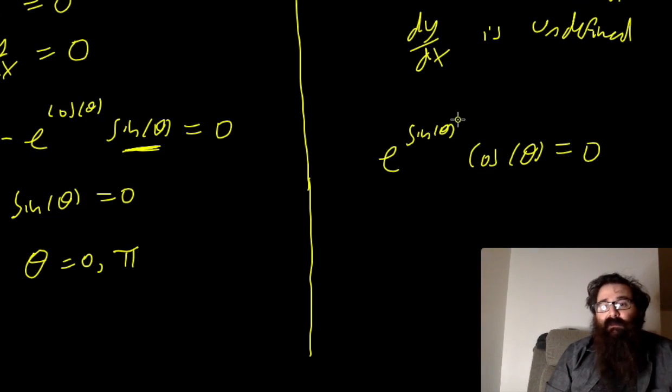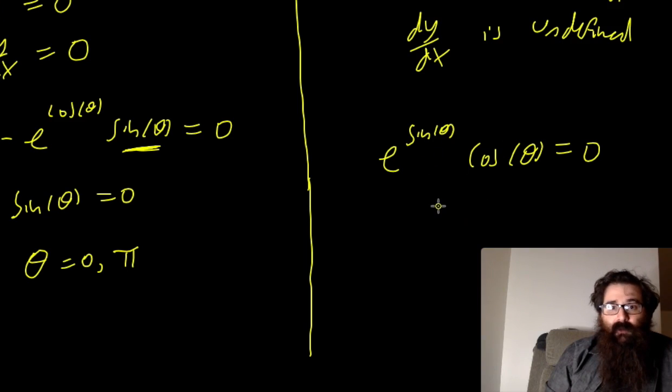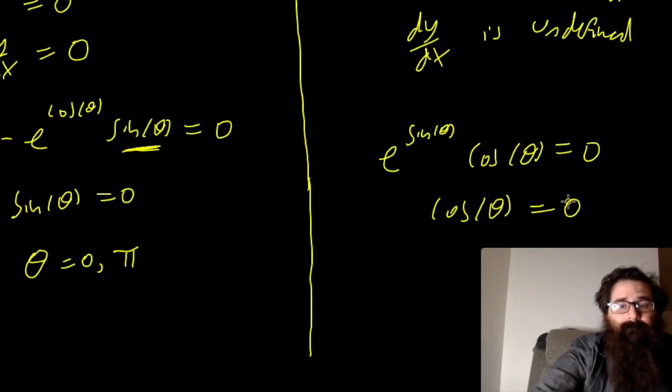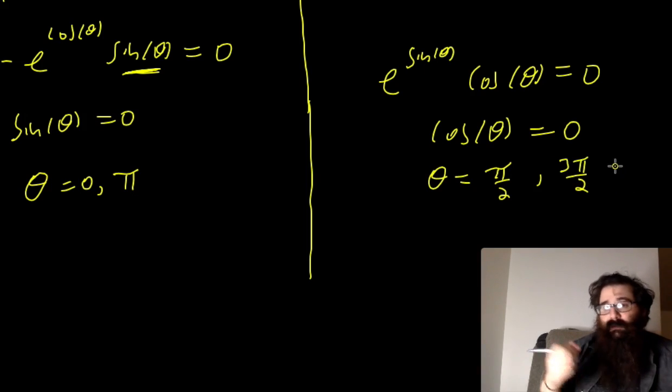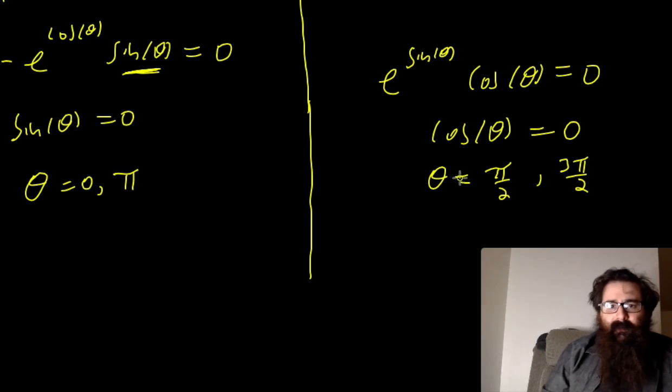We said the exponential function isn't going to be 0 on its own, so the 0 must be coming from cosine theta. So cosine theta must be 0, which means that theta would be pi over 2 or 3 pi over 2. And then, of course, 5 pi over 2 would work, 7 pi over 2, but we don't probably need much more than this.